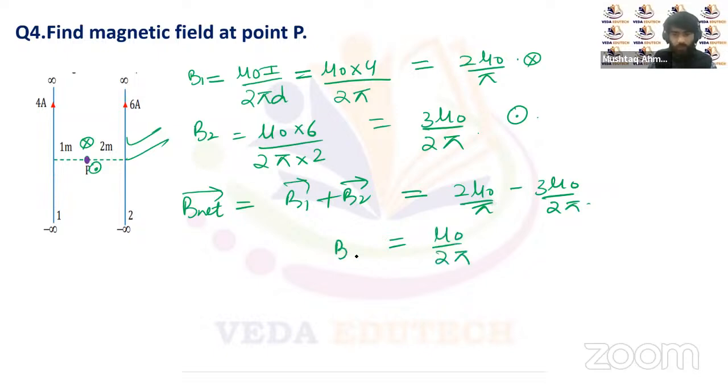This will be the net magnetic field. And the direction will be given by the direction of the B1 field, because B1 is more in magnitude than B2. So the net direction will be into the plane of this paper, represented by this cross symbol. So this is how we can find the magnetic field due to different configurations of current carrying wires.